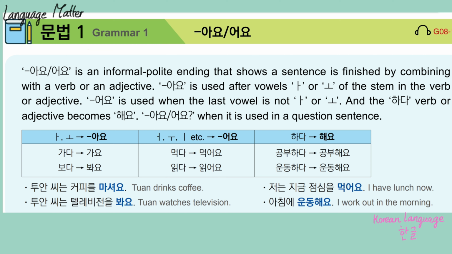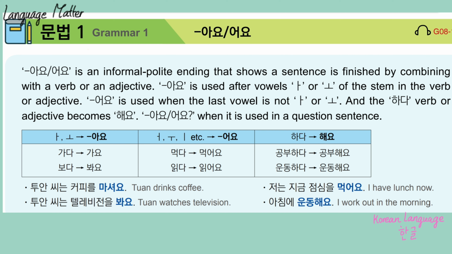The base verbs supply the beginning sound, and this verb ending, ayo, oyo, adds the ending sound. It ends in yo, which makes it polite. But it doesn't end in 입니다, which would make it too formal. This is informal. We can combine these two endings, ayo, oyo, with lots of verbs to make statement sentences.